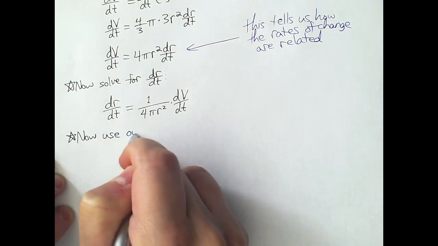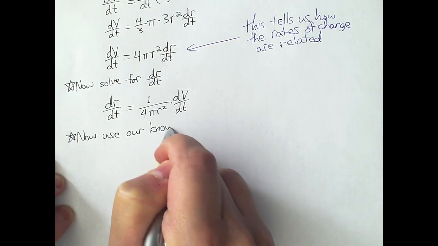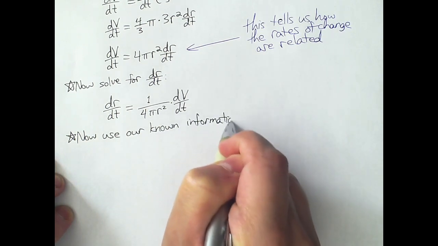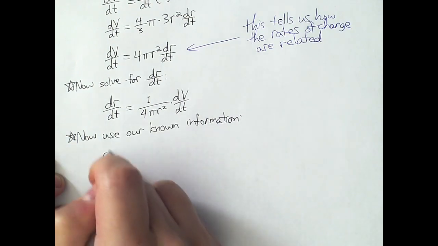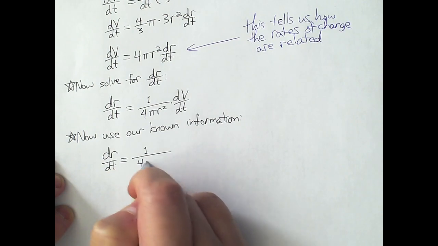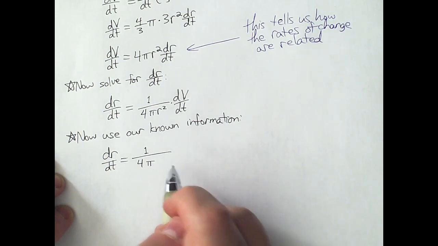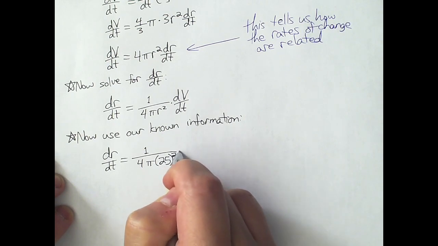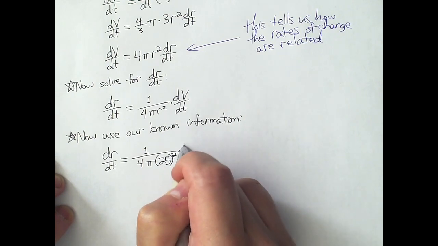Now use our known information. So dr dt equals 1 over 4 pi. We know the radius that we're interested in is 25. And we know dv dt is always 100.